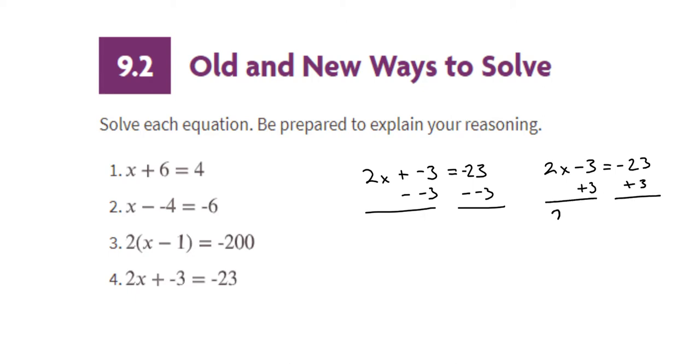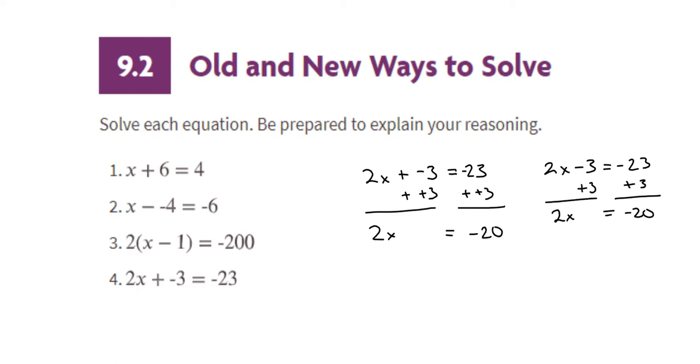So we'd end up with 2x is equal to negative 20, or subtracting a negative, keep, flip, change, right? We're adding negative 3 plus positive 3 is 0, so we end up with 2x is equal to negative 23 plus 3, negative 20.